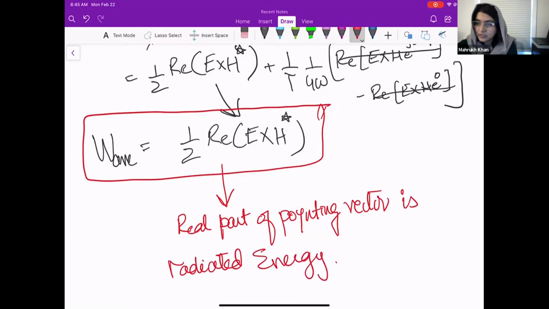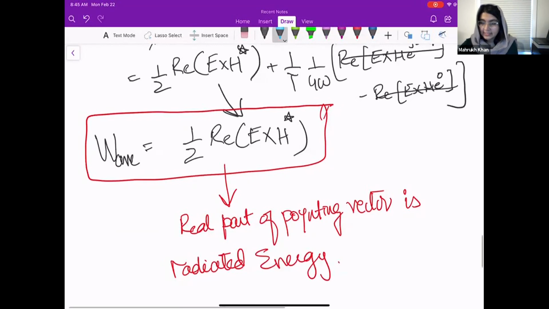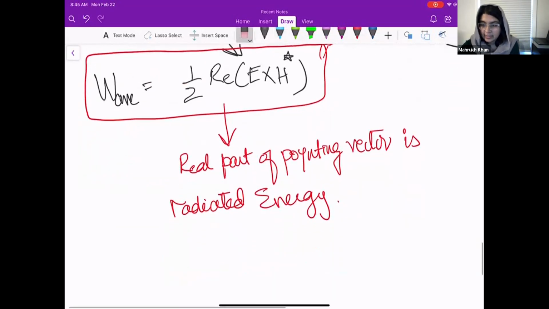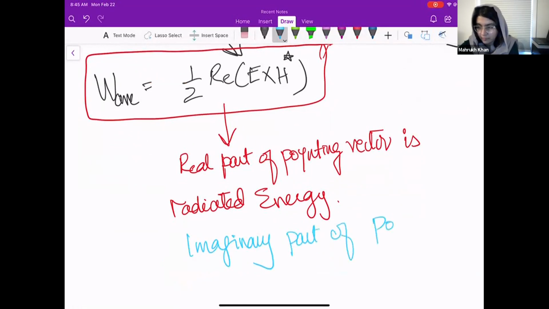right? So the counter argument is that the imaginary part of the Poynting vector is stored energy.